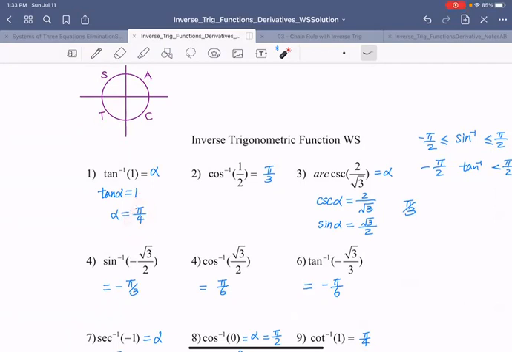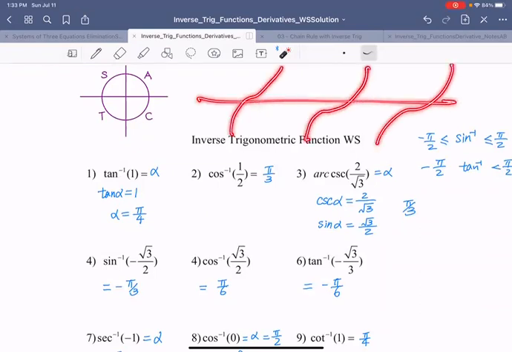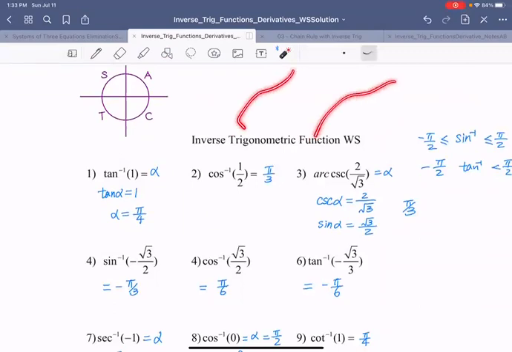It is all because of the vertical line test of a function. Your tangent graph looks like this, okay? Your tangent graph is a periodical function, looks like this. If you want to have the inverse function, your inverse function has to pass the vertical line test. So when you choose this, you cannot choose all the negative infinity to positive infinity.